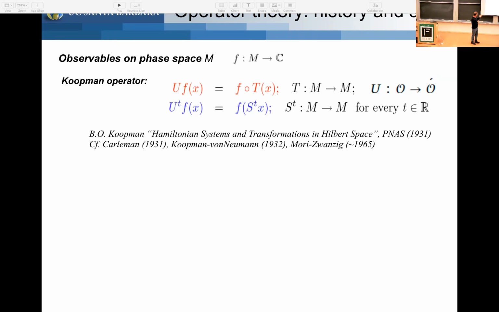A little bit of history. Koopman observed this in Hamiltonian systems and transformations in Hilbert space in PNAS in '31. Carleman had a similar idea, and today we know this under Carleman linearization. I won't speak much about it, but it relied on embedding with monomials, polynomials in general.